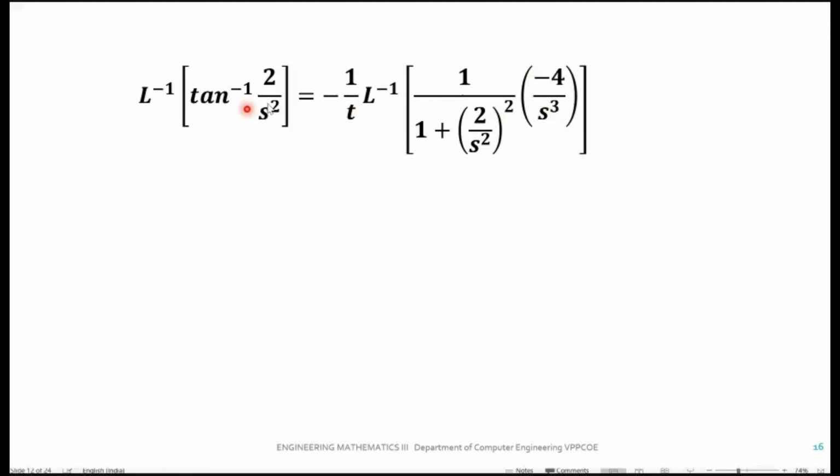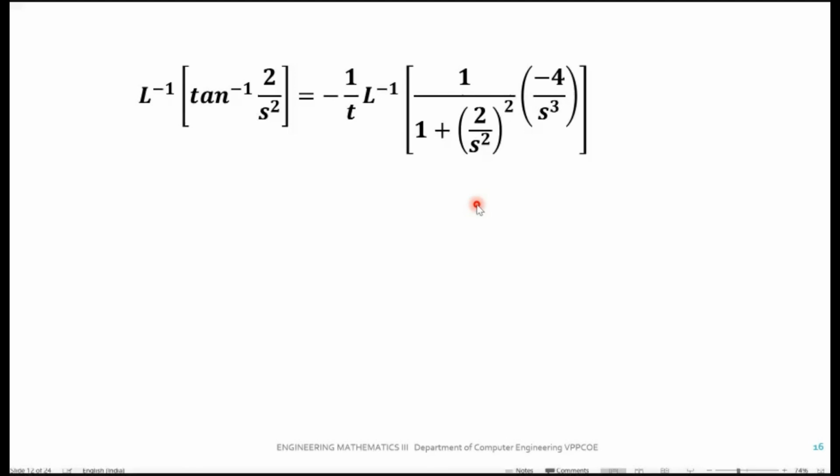So the tan inverse formula is 1 upon 1 plus x square, where x is 2 by s square, into the derivative of 2 by s square. Everything is with respect to s. Okay. So when we simplify, how many s will remain inside the L inverse function?